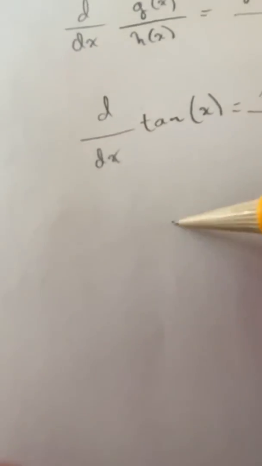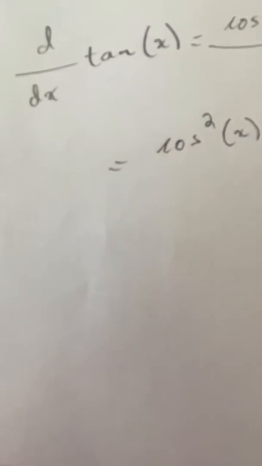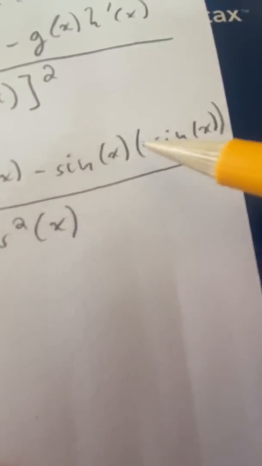Okay, so let's try to simplify the numerator here and see what happens. So cosine of x times cosine of x is going to be cosine squared of x. And then we have sine of x times sine of x, which is going to be sine squared x.